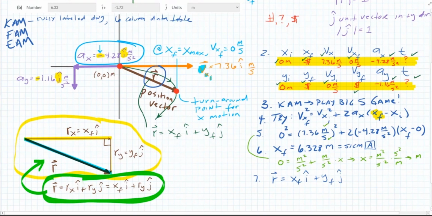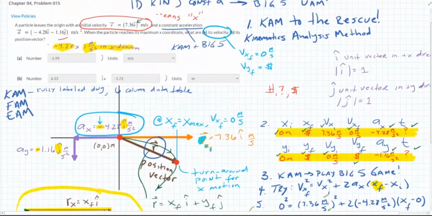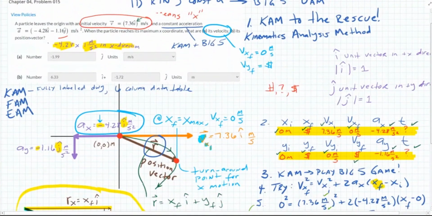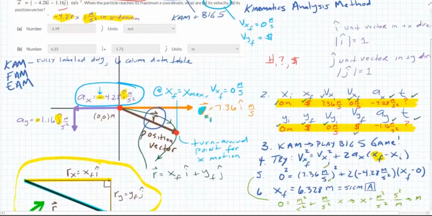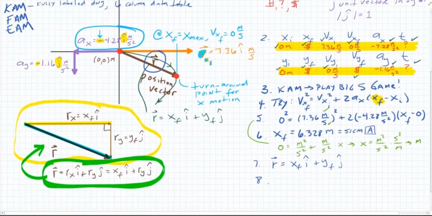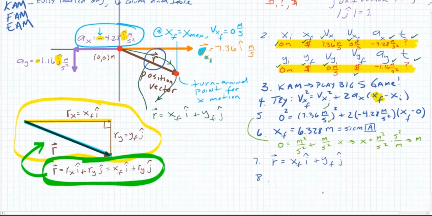Okay, so number eight, because I guess I'm answering part B first. What is its position vector? Its position vector is, I'm not quite ready for that because I have XF.